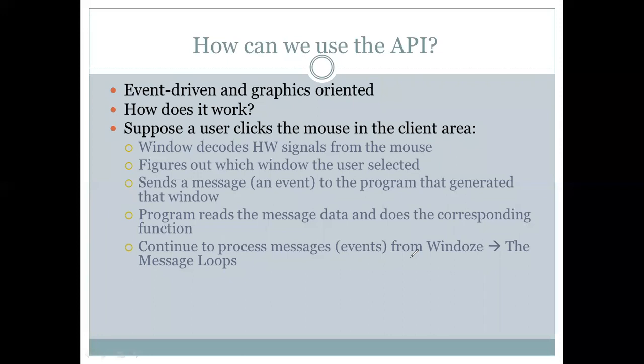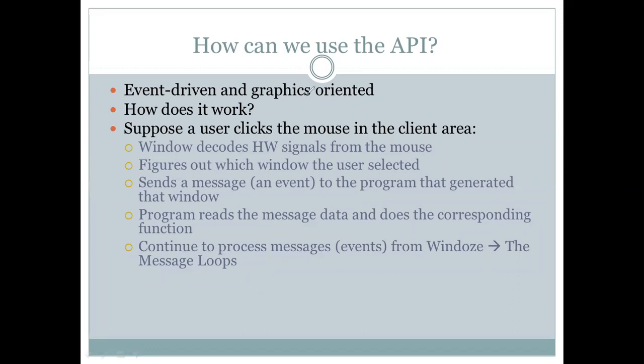As we know, Windows programming and these APIs are event driven and graphically oriented. Certain events are designed, and user interaction is done with the help of the graphical interface.